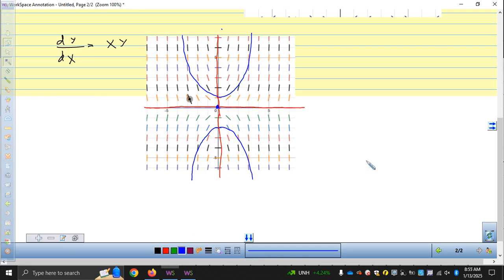Shouldn't it be 0? Should be 0. I think those are just the hashes. Yeah, the slope is 0, yes. The slope there is 0. So the y-axis is a nullcline. The slope is 0 on the y-axis. And curves where the slope is the same constant value we call isoclines.